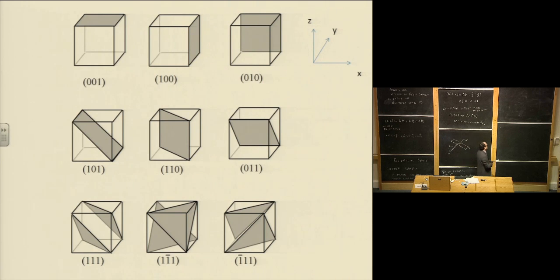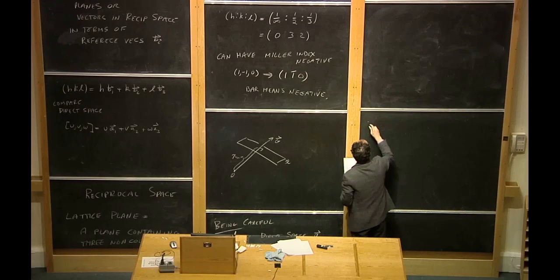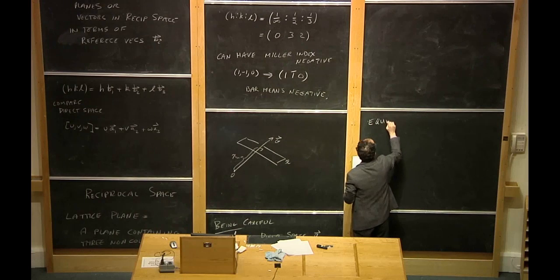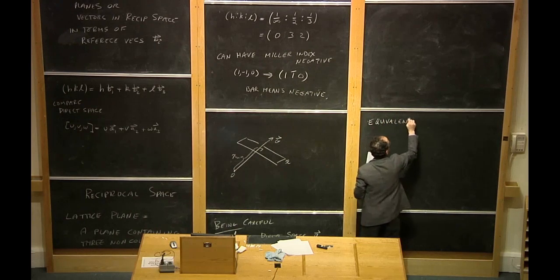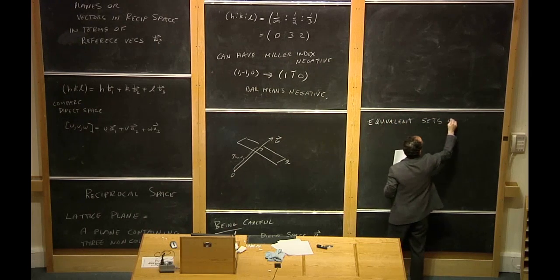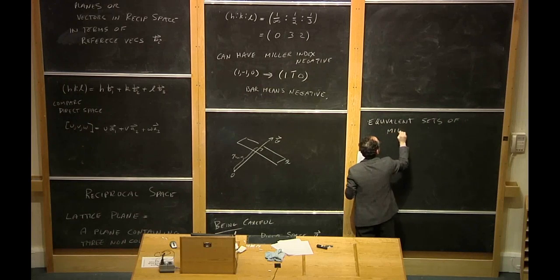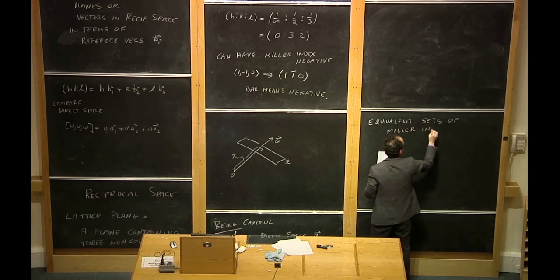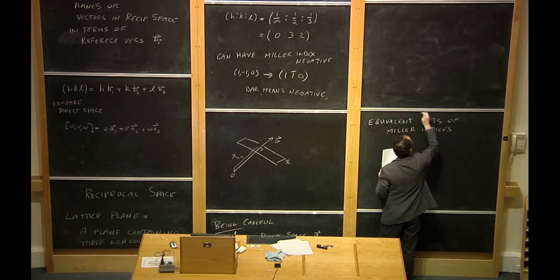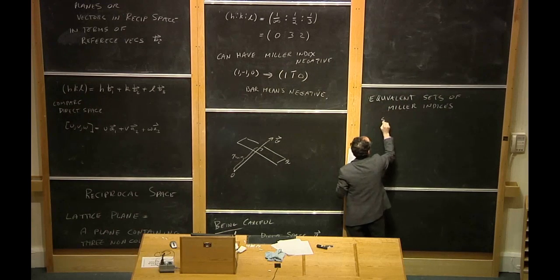So we have a notation for equivalent sets of Miller indices, which we notate with curly brackets. Okay, that was a terrible curly bracket.